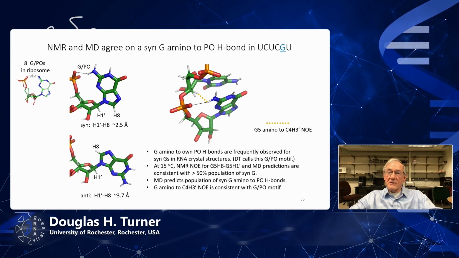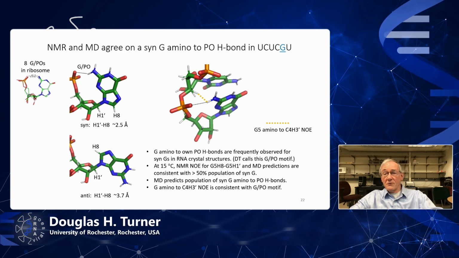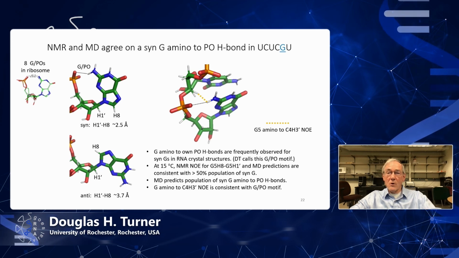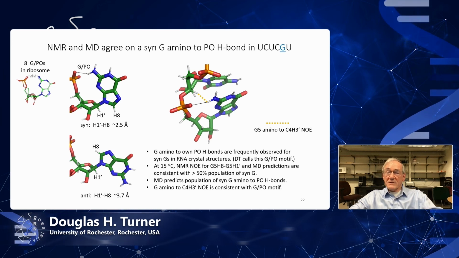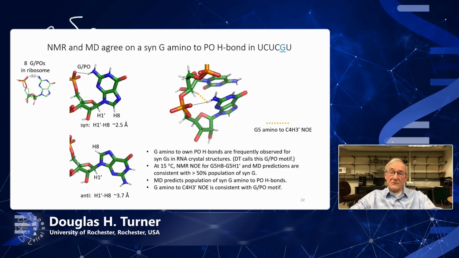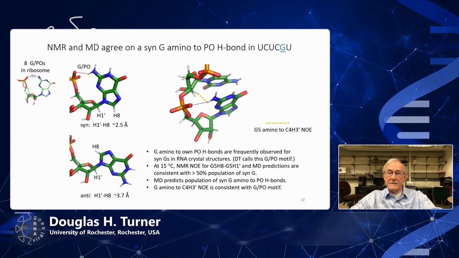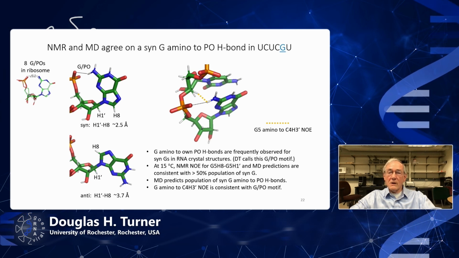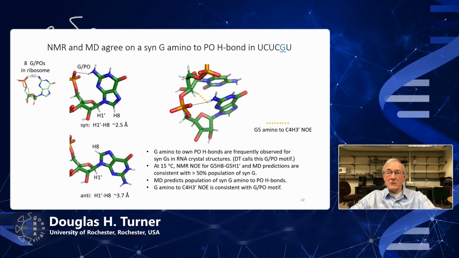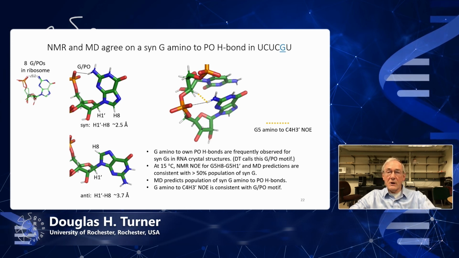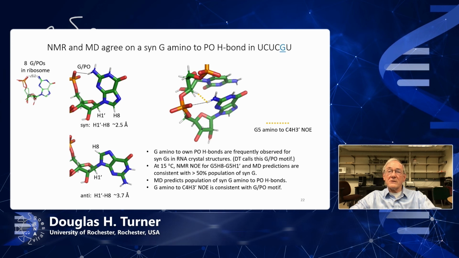It was not something we initially looked for or saw in the spectra. These are spectra in water. But the simulation said, if the simulation is right, that should give you an NOE. And it did when we went and looked more carefully at the spectra. So I think that is something that simulations can do for experimentalists.